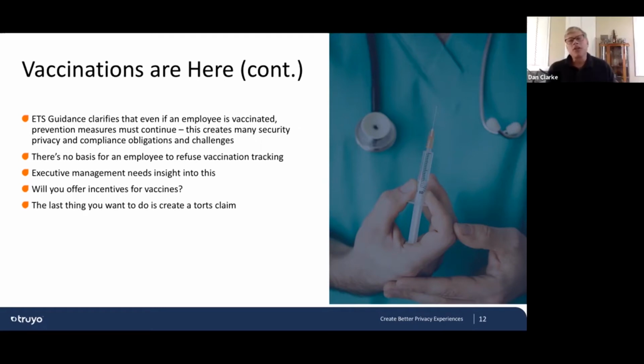Yeah, and interestingly, right now, the ETS guidelines and the CDC guidelines say that even if you are vaccinated, you should still continue to take essentially the same measures: wear masks, socially distance, take people's temperatures.